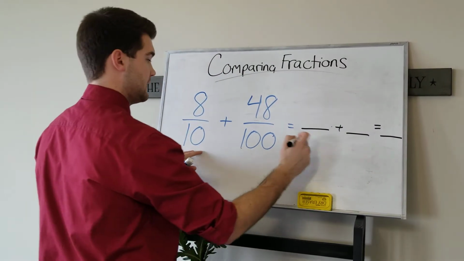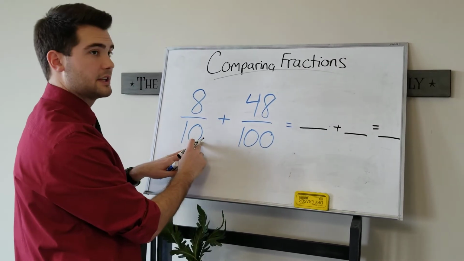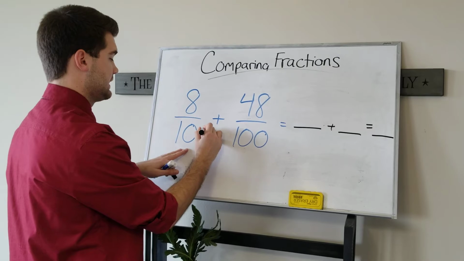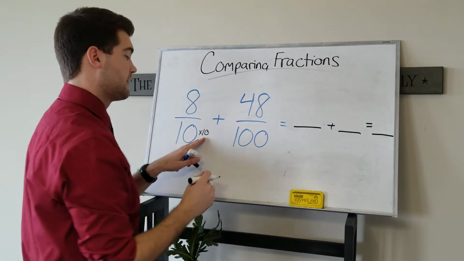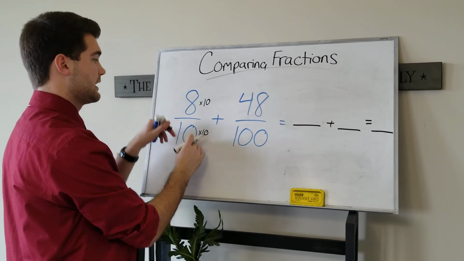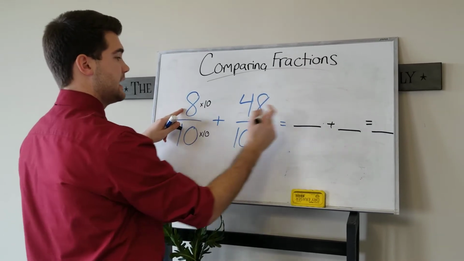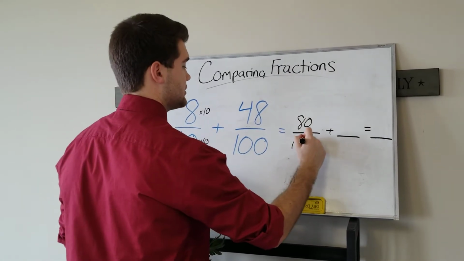If we want the bottom numbers to be 100, how can 10 become 100? Multiplying by 10, so 10 times 10 is 100. And whatever we do to the bottom, we have to do to the top. So if we want to rewrite this, 8 times 10 is 80, and 10 times 10 we know is 100.